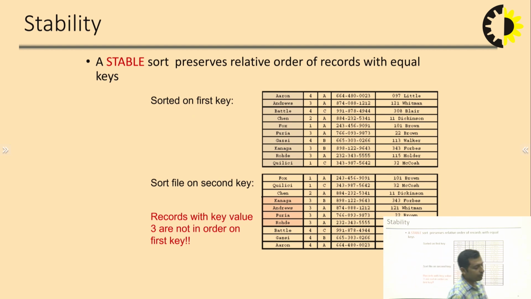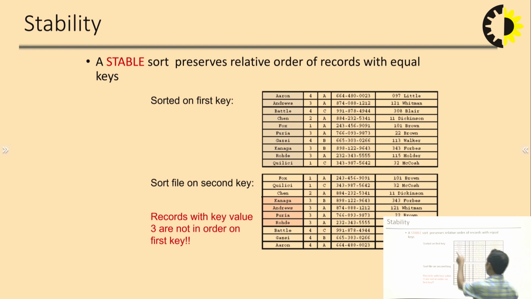Now another is stable sort. What is stable sort? A stable sort preserves the relative order of records with equal keys. If during sorting there are equal keys, take this example here: Aaron, Andrews, Battle, and so on. We are going to sort according to the second field.